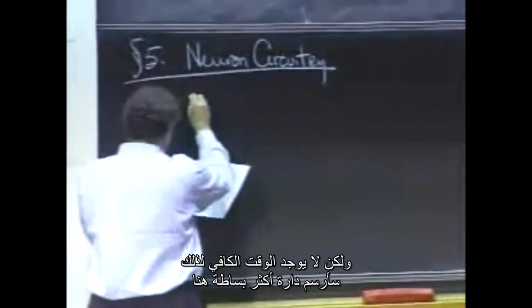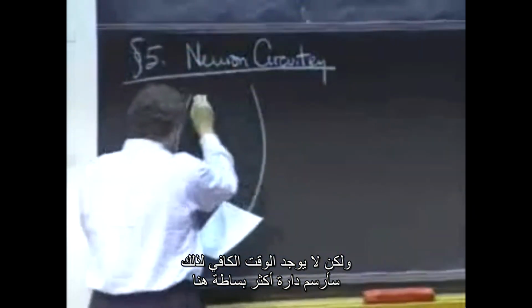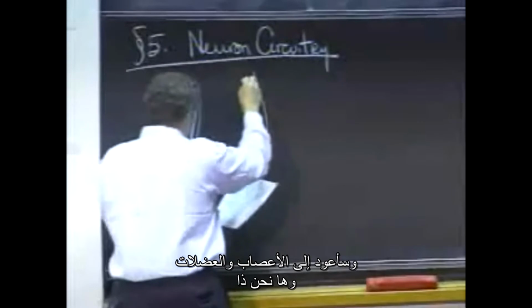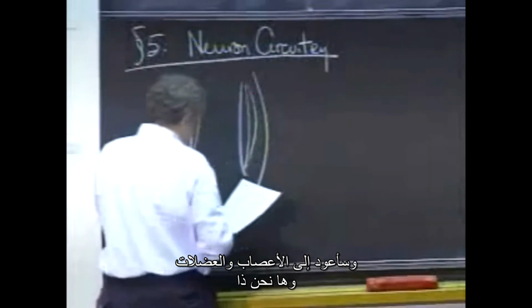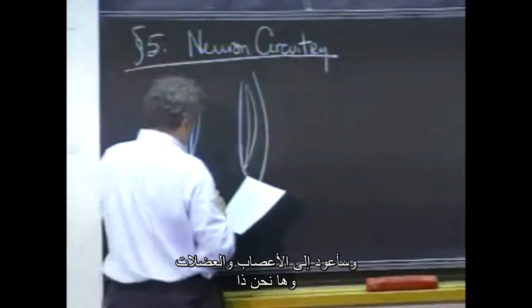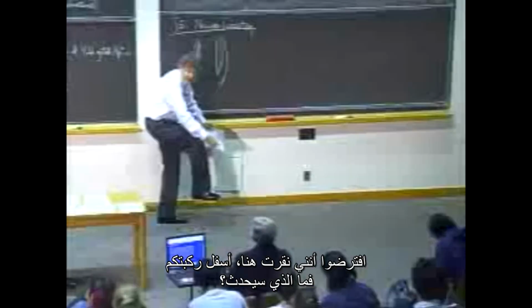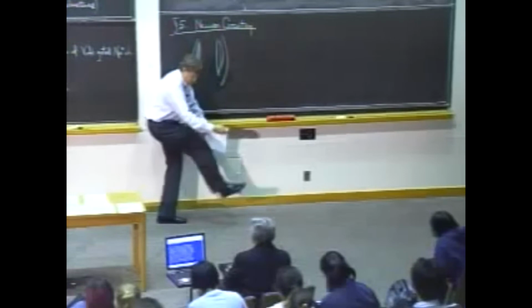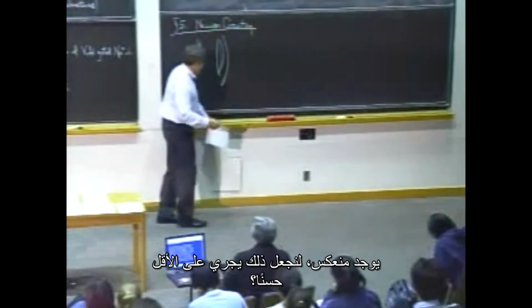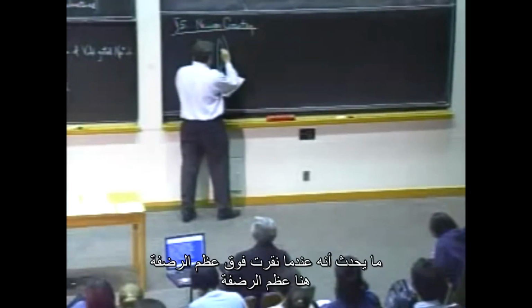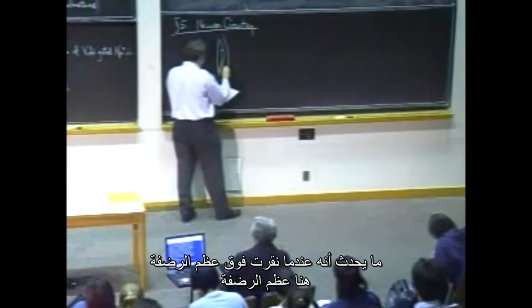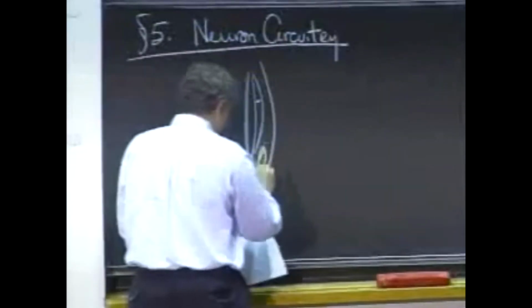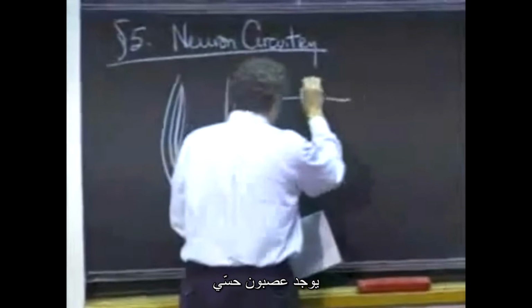But not having much time, I'm going to go for a much simpler circuit here. I'm just going to go back to nerves and muscles. And here we go. Suppose I tap right here, below your knee. What happens? There's a reflex. Let's at least get that going, okay? What happens is, when I tap there, above your patella, here's your kneecap here, there's a sensory neuron.